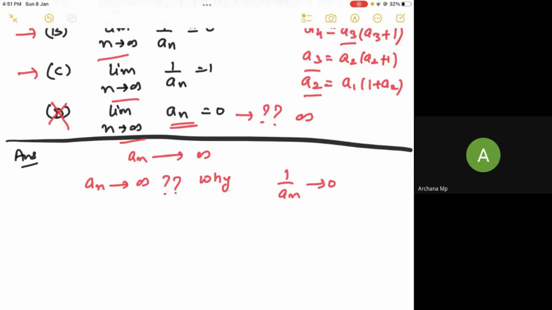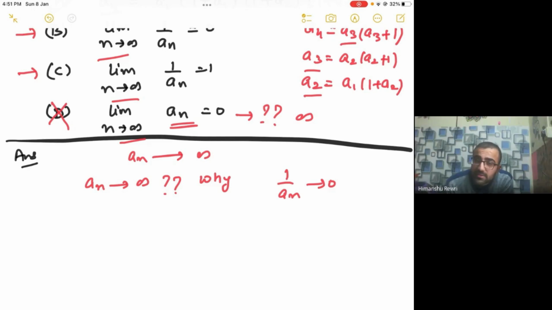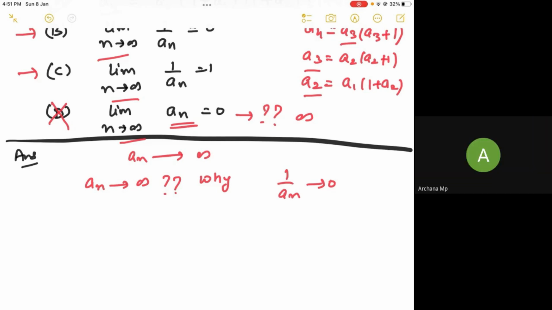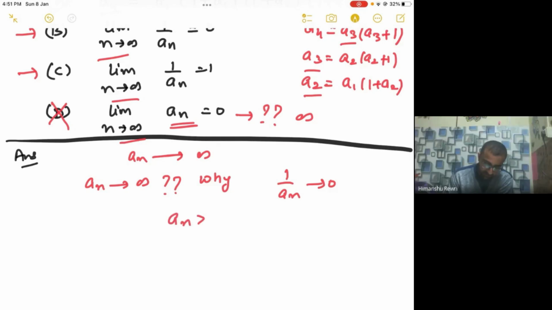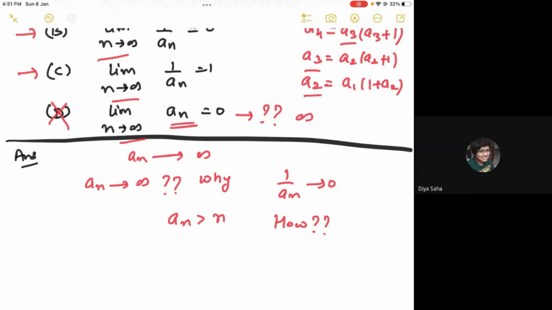An is greater than or equal to n. Sorry? An is greater than or equal to n. How? So n tends to infinity. So for any positive number n, we can find a k such that ak is greater than n.